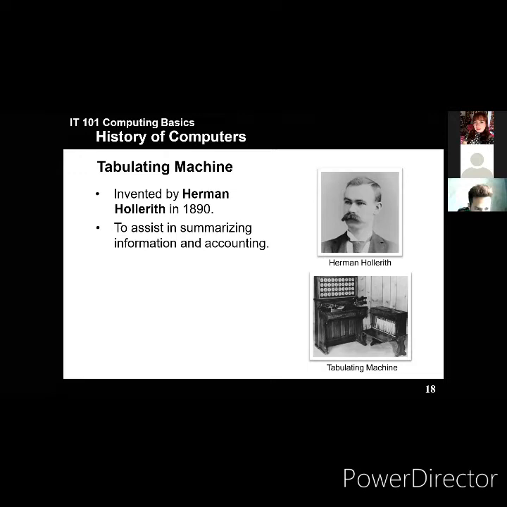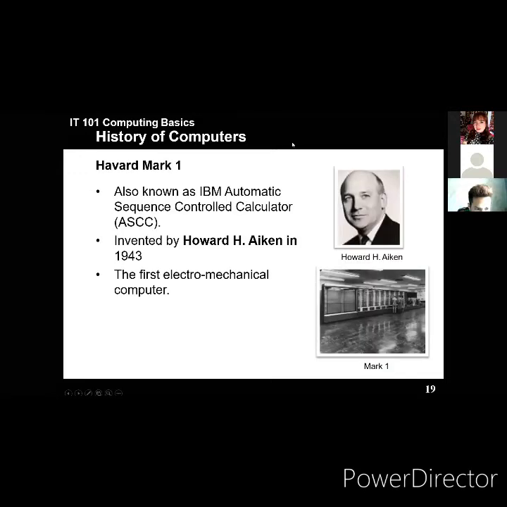So, ito yung first tabulating machine na nag-compute ng populations ng US. And the Harvard Mark I, also known as IBM Automatic Sequence Controlled Calculator, ASCC, invented by Howard Aiken in 1943. This is the first electromechanical computer.